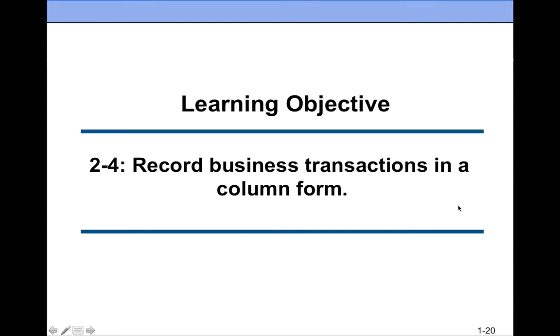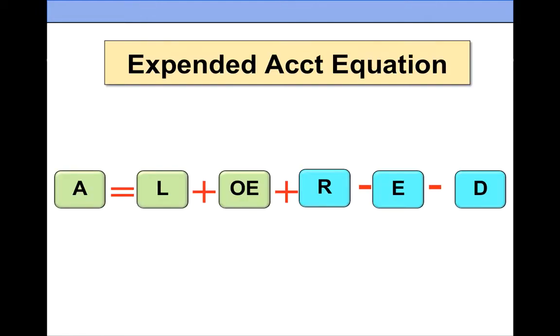Okay. So now we have set it up so we can record business transactions in the column form. The idea is that every transaction is a business event, and it will impact at least two accounts, and one will increase, one will decrease, or both can decrease, or both can increase, but my equation must stay in balance.